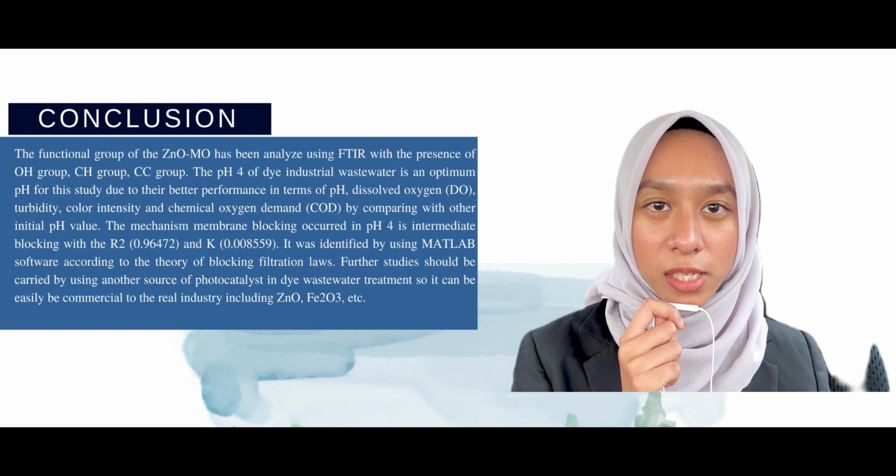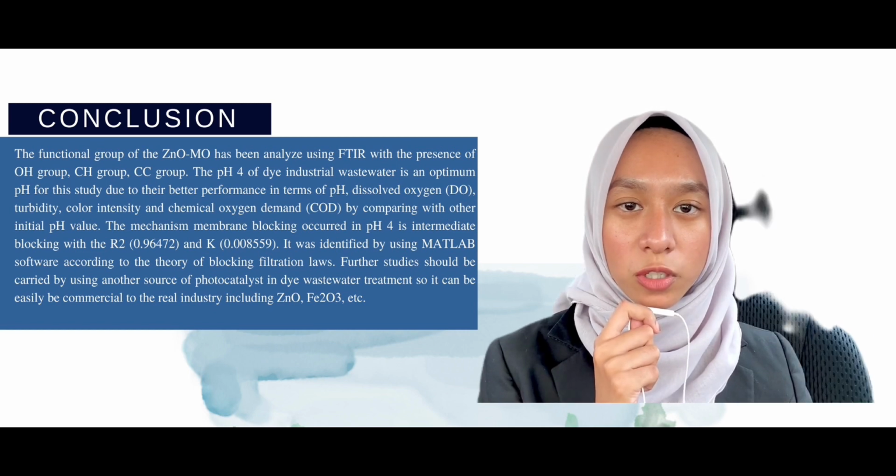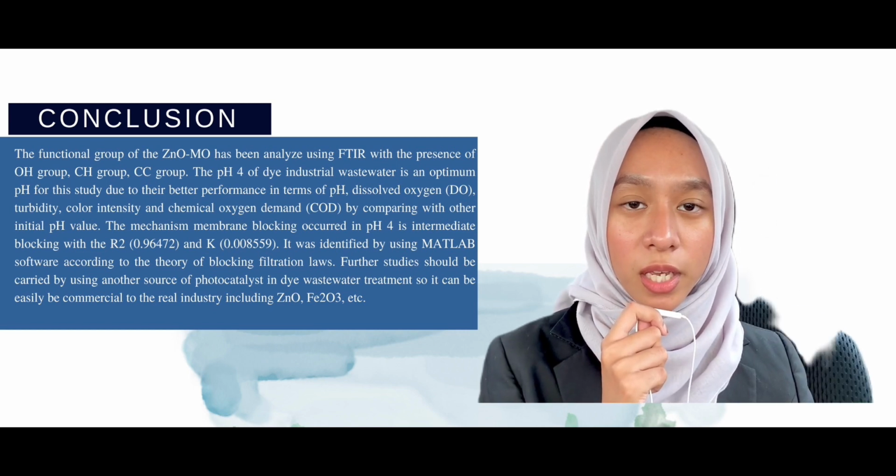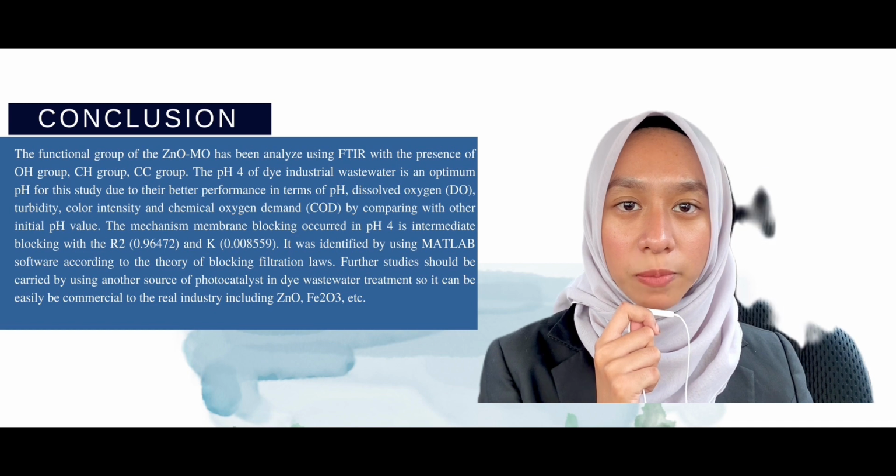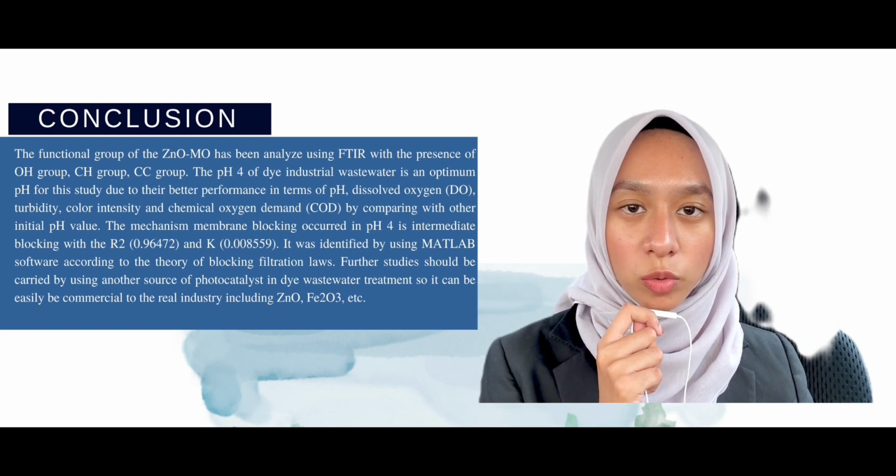Next, the membrane blocking mechanism occurring at pH 4 is intermediate blocking with an R square of 0.96472 and K of 0.008559. It was identified by using MATLAB software according to the theory of the blocking filtration laws.